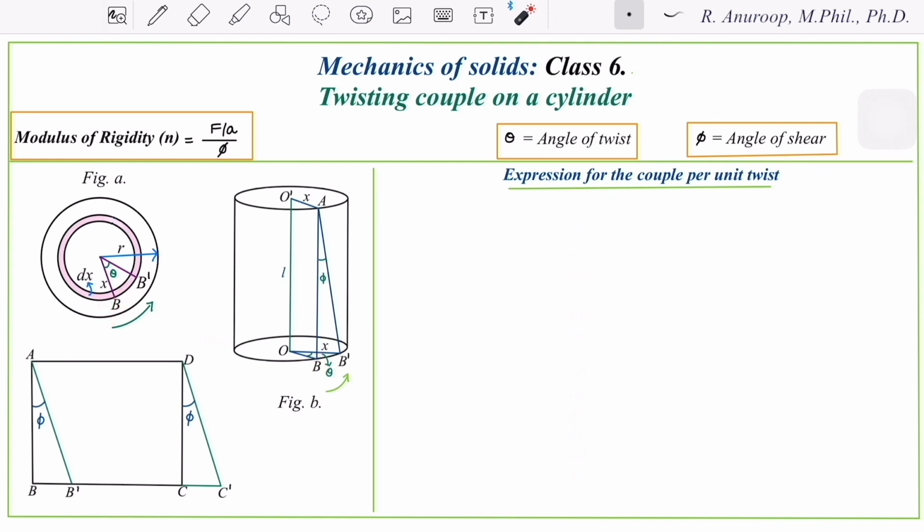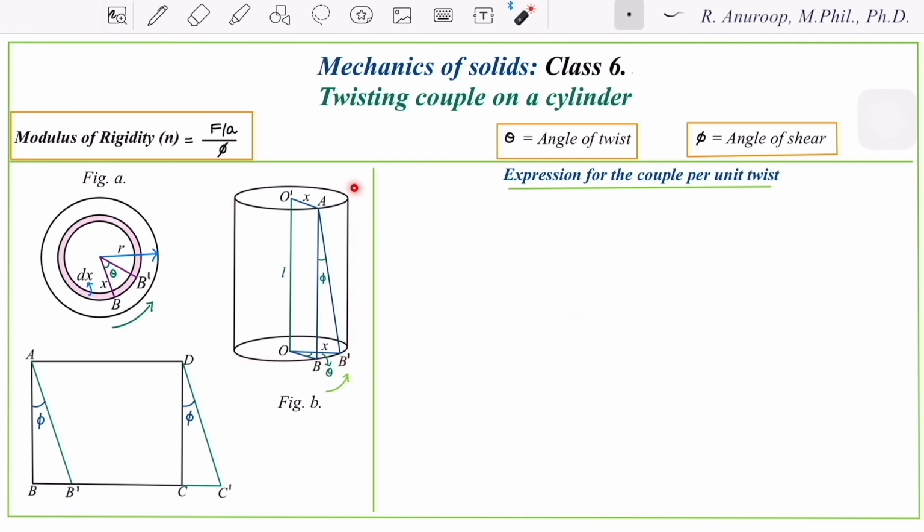Initially the line AB is parallel to the axis OO dash. Now when the cylinder is twisted, the point B is shifted to B dash, so that the line AB is rotated through an angle phi and it reaches the new position AB dash.